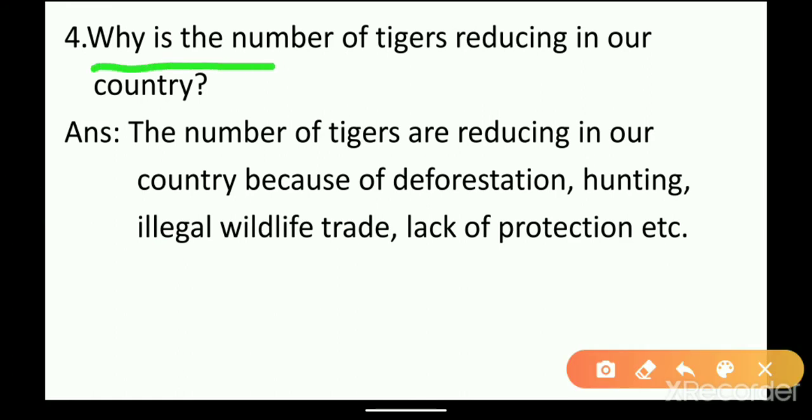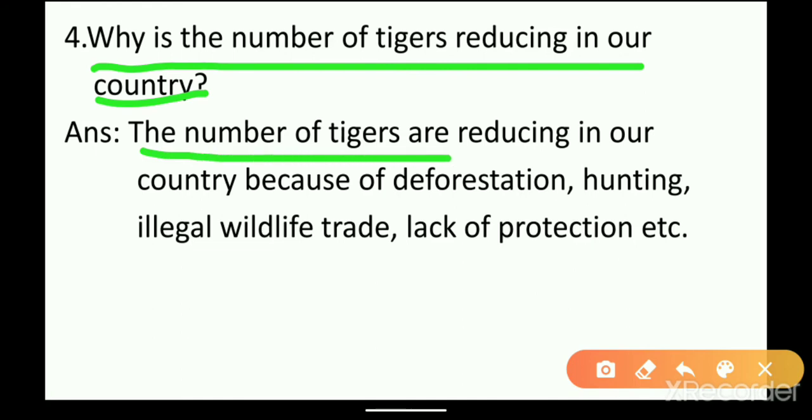Why is the number of tigers reducing in our country? Not only tigers, we find many other animals are reducing in our country. Let us see the reason. The number of tigers is reducing in our country because of deforestation.